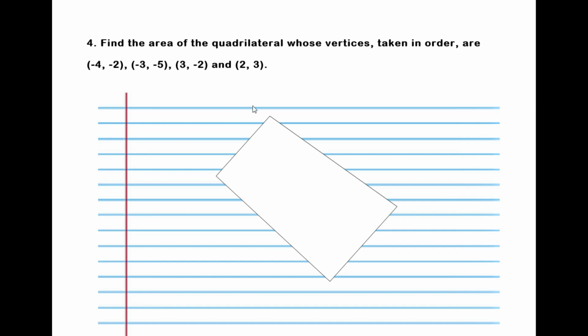Students, consider the quadrilateral as shown in the figure. Point A as (-4, -2), point B as (-3, -5), point C as (3, -2), and point D as (2, 3).